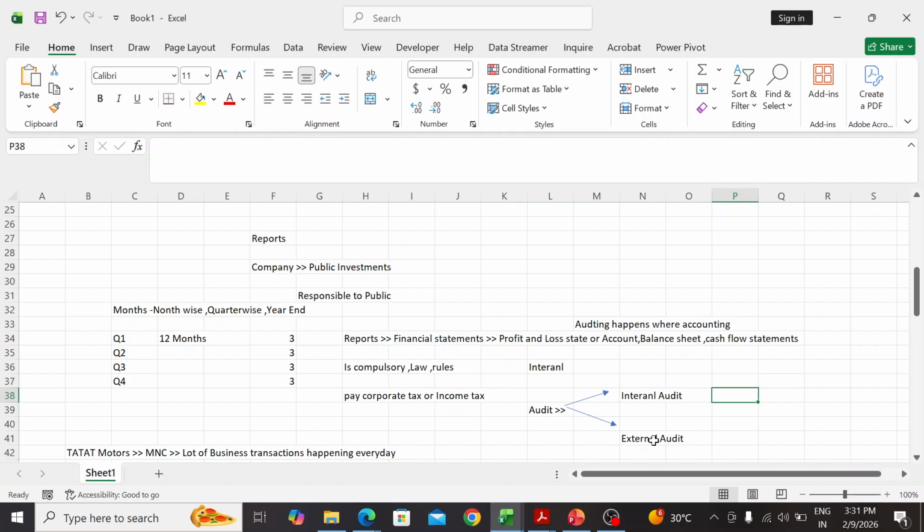But internal audit is not mandatory, external audit is mandatory, and this is not part of the ERP application. It is completely out of our ERP application, and we don't engage any auditor in designing, developing and deploying the application in the enterprise.